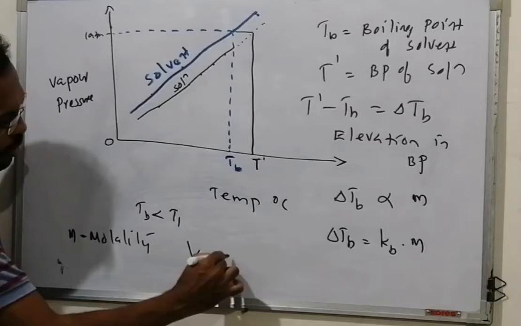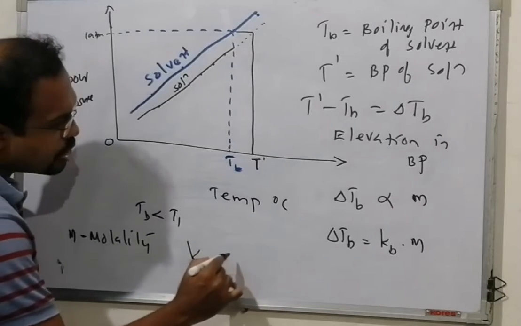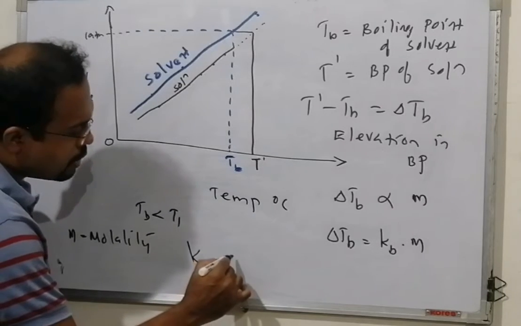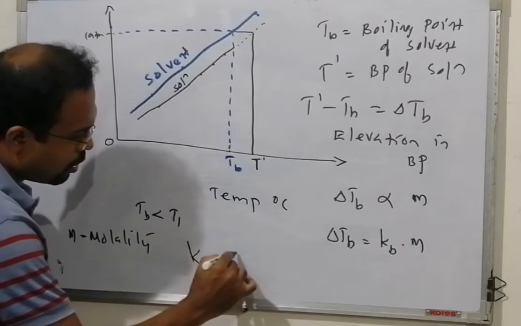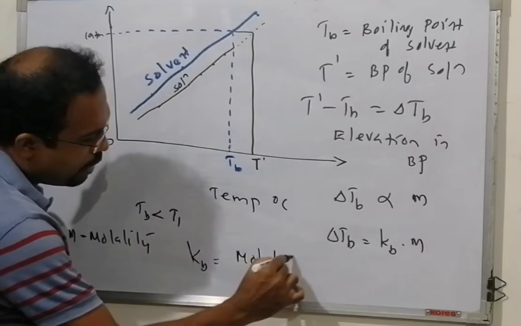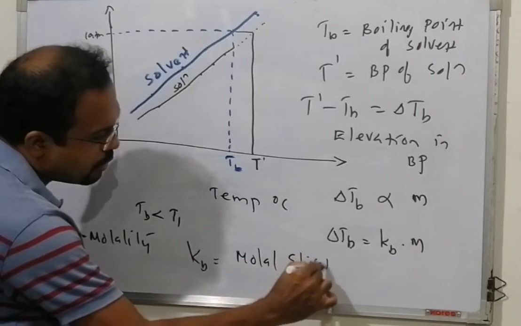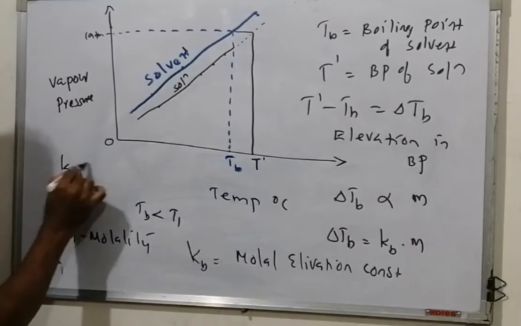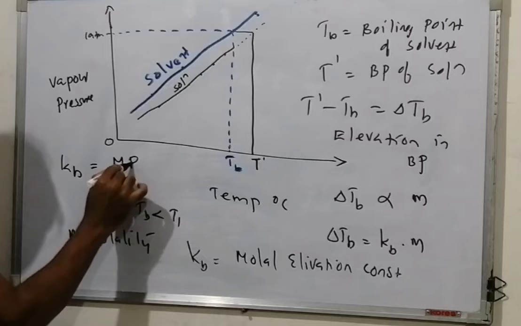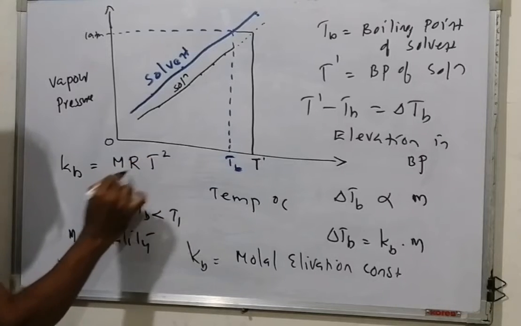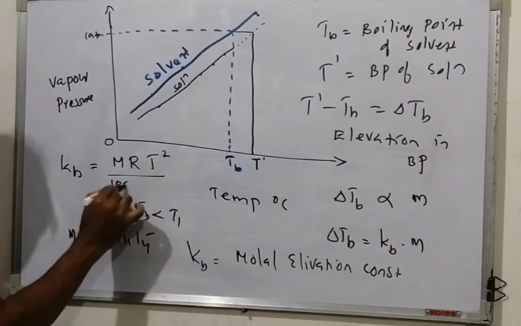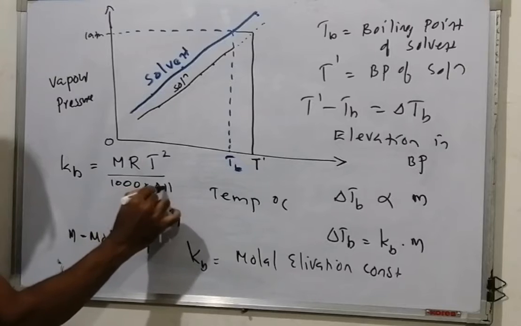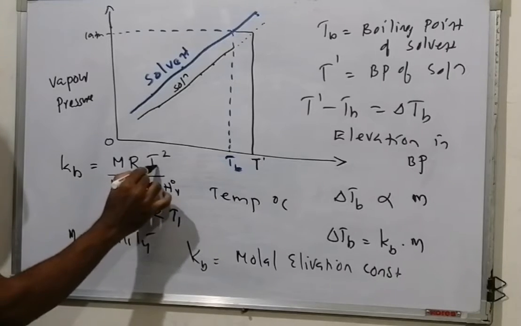Kb is called the elevation in boiling point, this is called the molar elevation constant. The value of Kb is equal to MRT square divided by 1000 delta H vaporization, delta H0 vaporization.